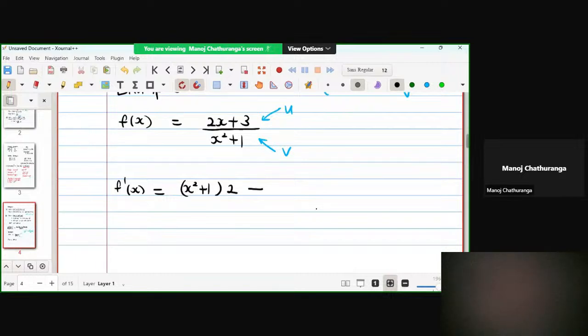Then the sign between them is minus. Now next do it the other way. Keep 2x plus 3 and differentiate x squared plus 1. Derivative of x squared plus 1 is 2x. That's the parabola x squared moved up by a single unit.